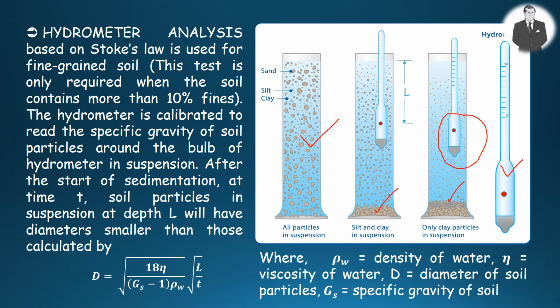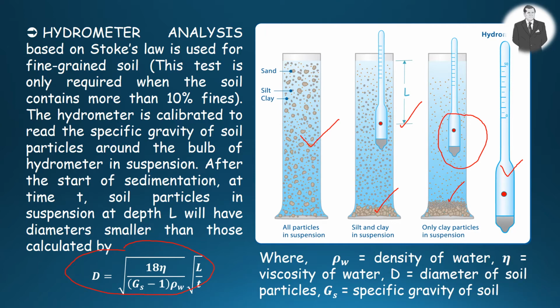After the start of sedimentation at time t, soil particles in suspension at depth L will have diameters smaller than those calculated by this equation, in which rho sub W is the density of water, nu is the viscosity of water, d is the diameter of soil particles, and Gs is the specific gravity of soil solids.